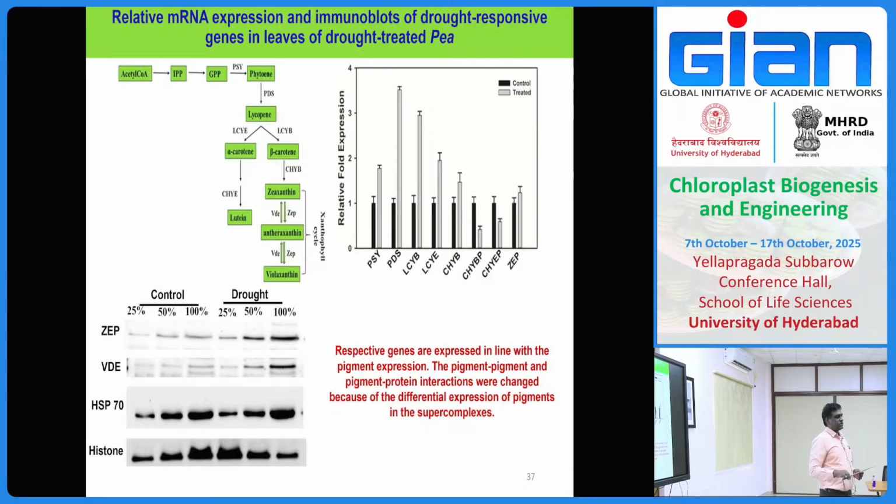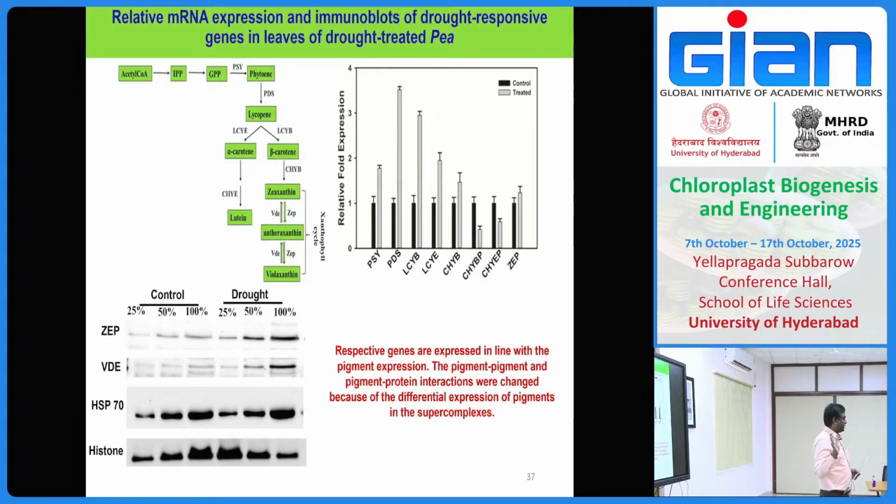These complexes express different carotenoid pigments and chlorophyll pigments. There is a differential change in the pigments, which leads to a change in the protein and pigment complexes. That's what we wanted to say.